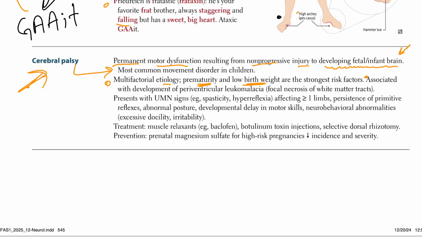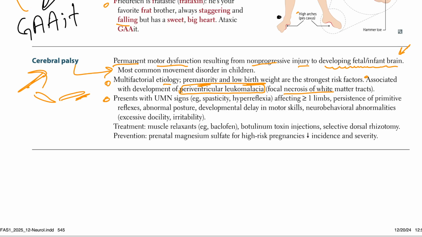They're associated with the development of periventricular leukomalacia, which is a focal necrosis of white matter tracts. Again, periventricular meaning on the side of the ventricles, and on the side of the ventricles we have the white matter tracts. So when you have leukomalacia, there's a focal necrosis of the white matter tracts.